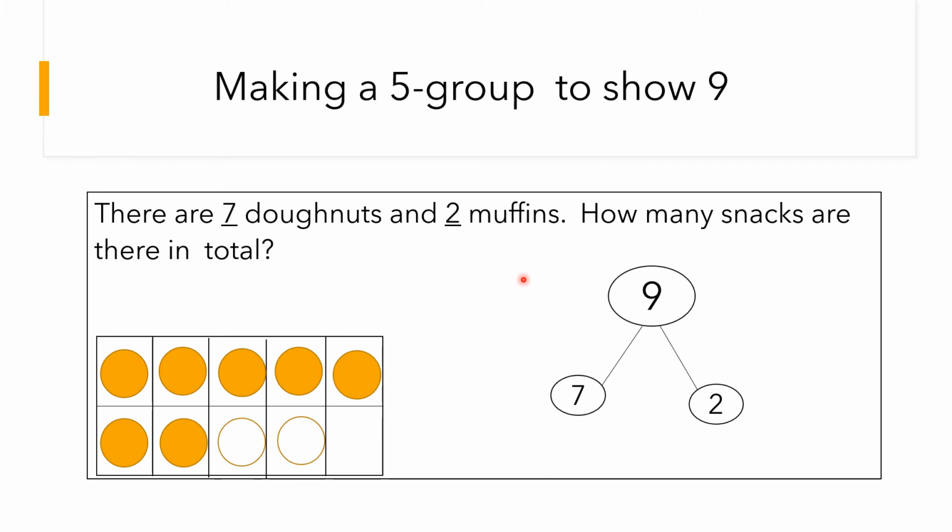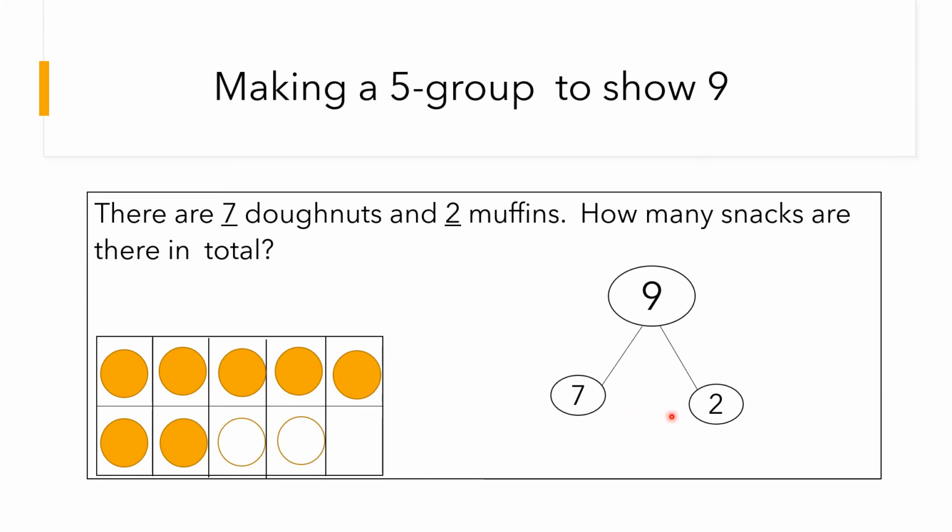Now we can put this in a number bond. Our whole is 9. Our parts that made 9 are 7 donuts and 2 muffins.